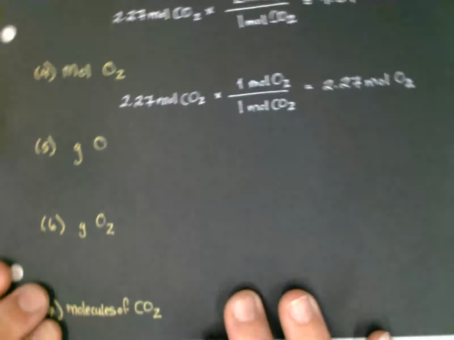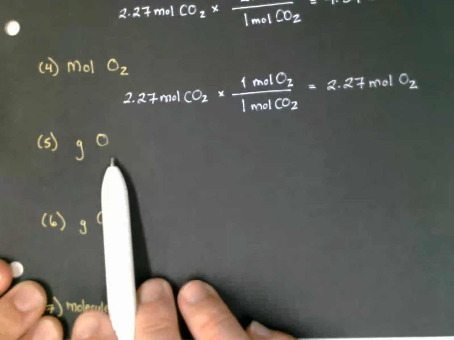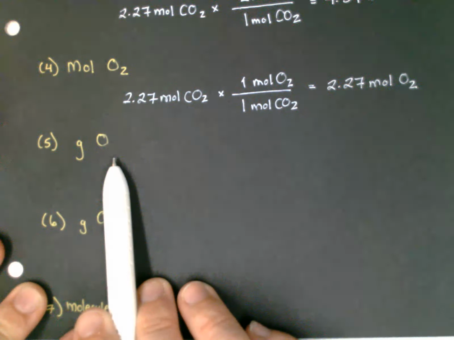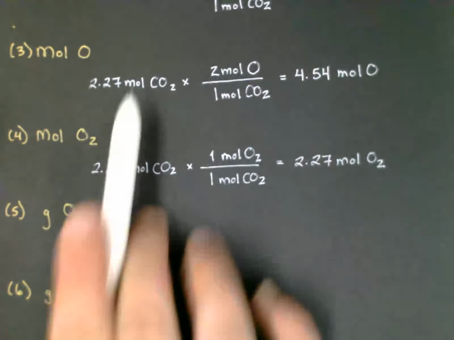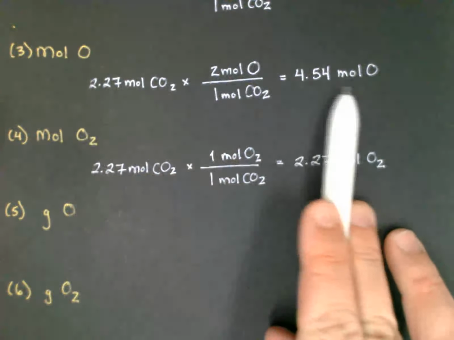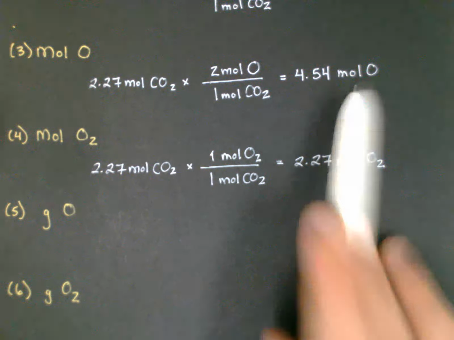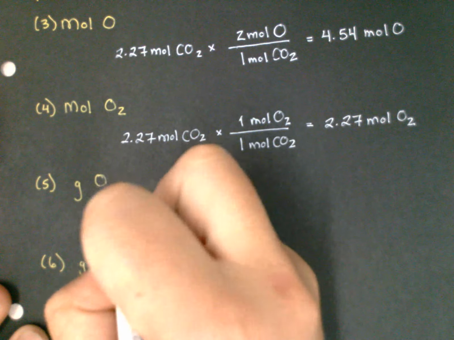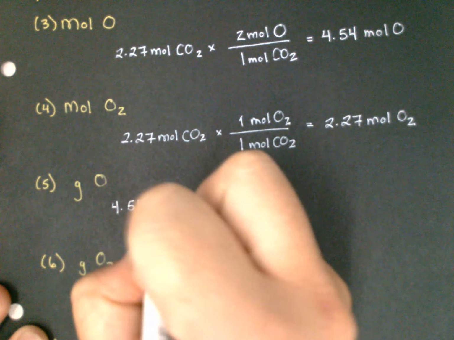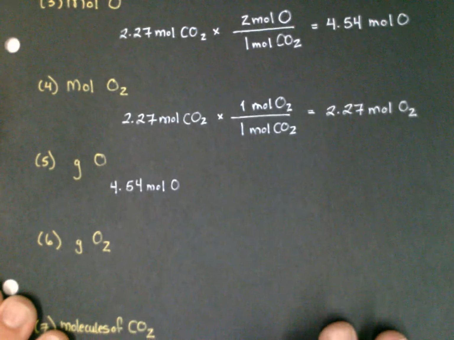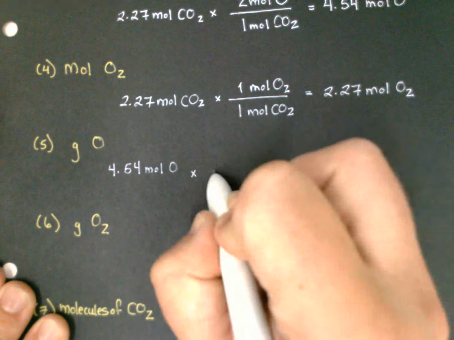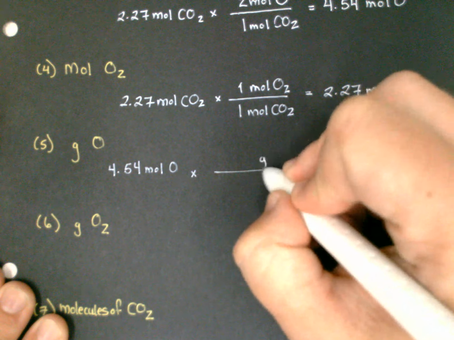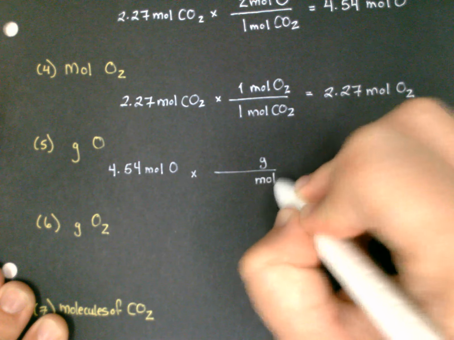All right, next, let's find the number of grams of oxygen that we have. This time we actually need to start with a different number. Up above, we found that we have 4.54 moles of O, so let's start with that. Now we want to go from moles to grams, so we have to multiply by something that has grams on top and moles on the bottom.